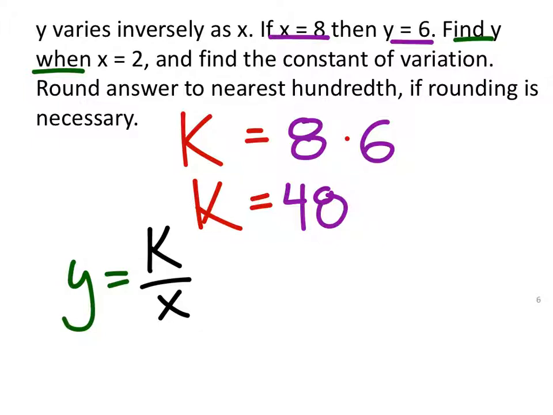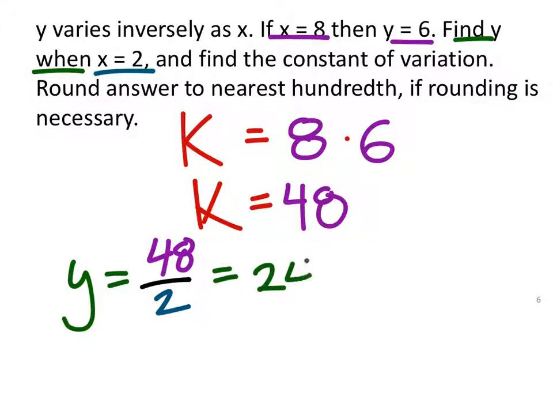So let's just fill those in. We know the k value is 48. And its corresponding x value is the new x, which is 2. So y equals 48 divided by 2, which is 24. That's it.